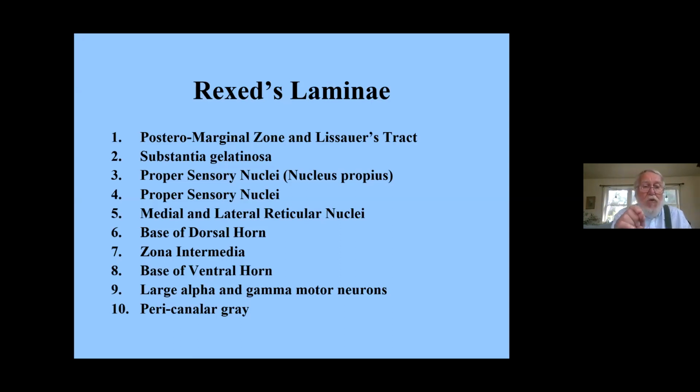Now, lamina 2, 3, 4, and 5, in addition to forming the lateral and anterior spinothalamic tracts, will also send fibers into the dorsal column.